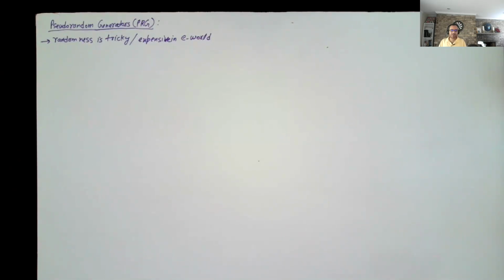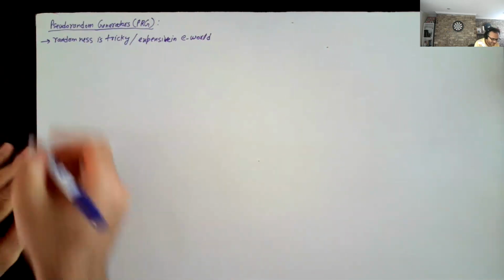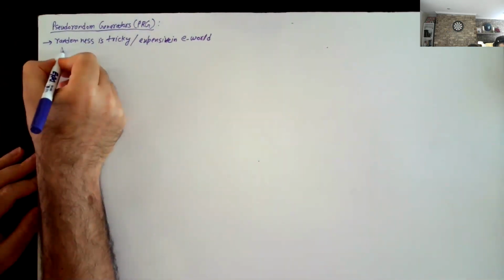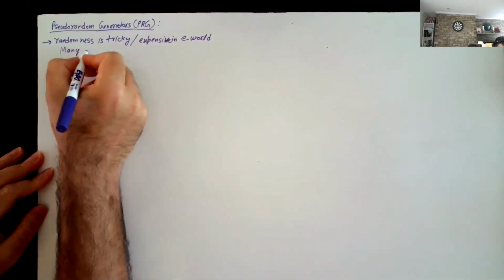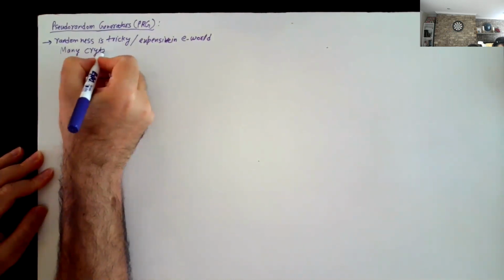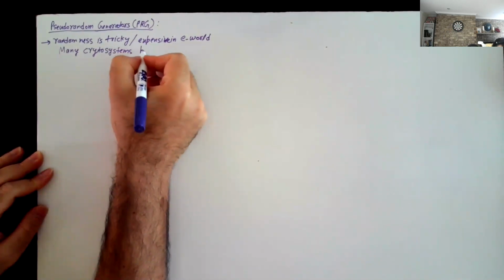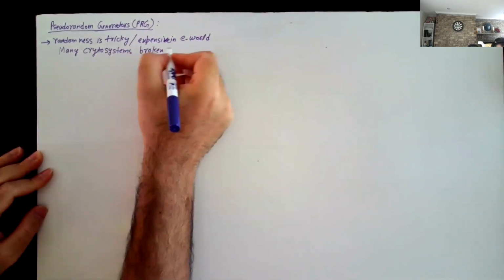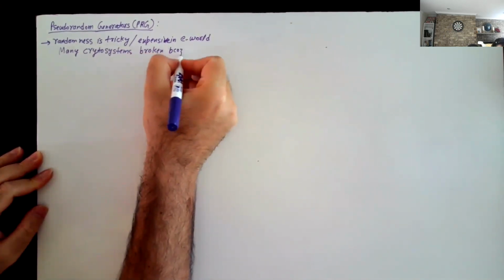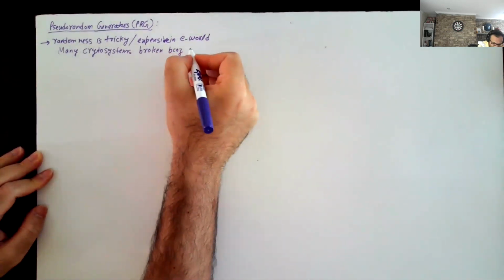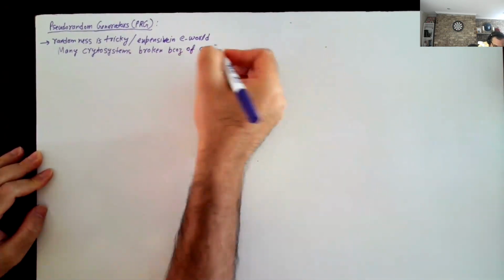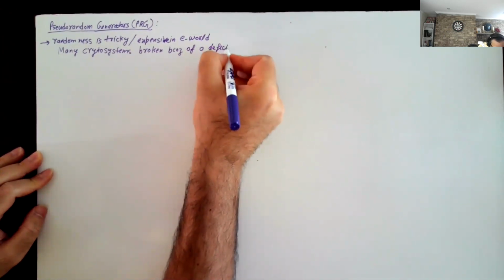So this is a very heuristic approach to generating randomness. And in fact, what I can tell you is that many crypto systems are broken because of a defective random number generator.